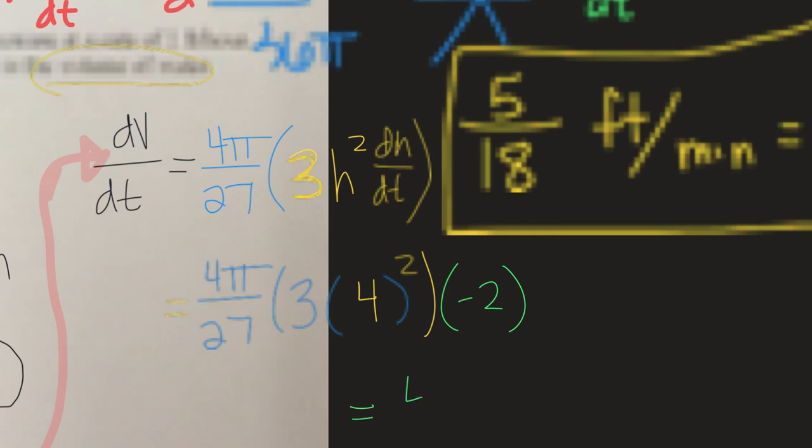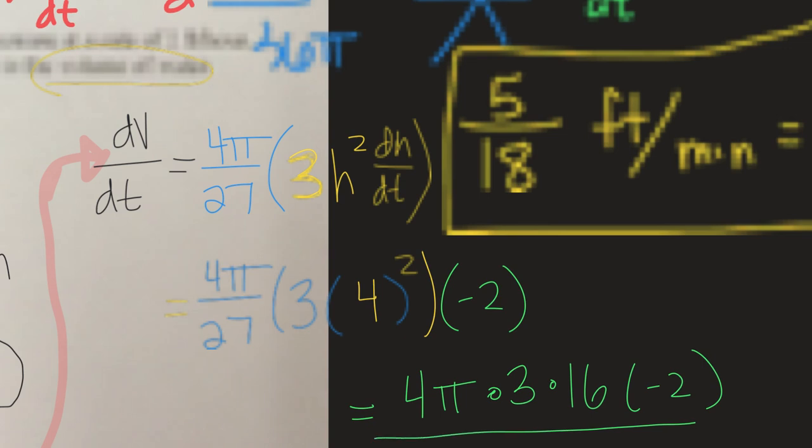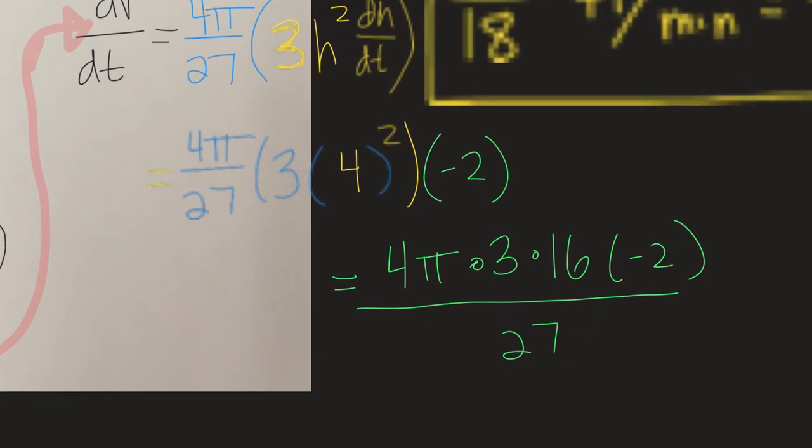We are losing water at a rate of 2 feet per hour. So a bunch of multiplication: 4 pi times 3, 4 squared is 16, times -2, all divided by 27. If this were an FRQ, you could stop right there. AP does not need you to multiply all of that stuff out. But I do, so let's do it.